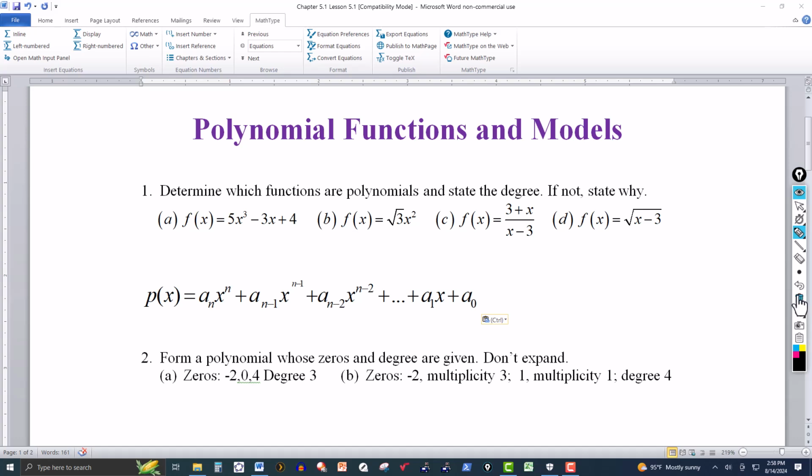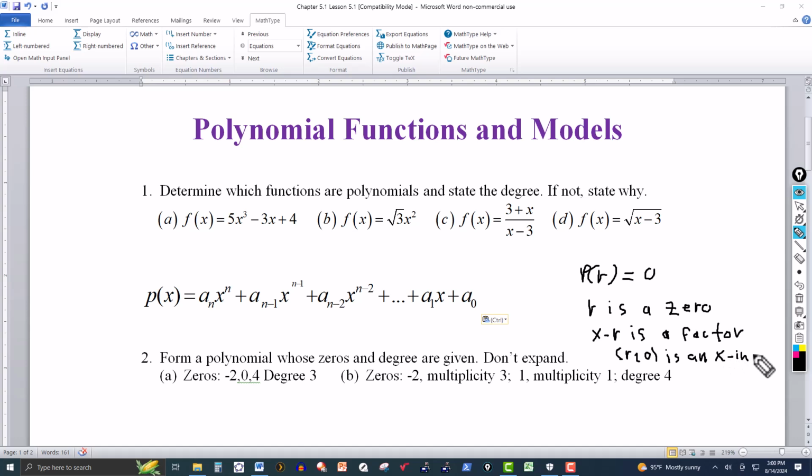Also, another thing to keep in mind here, if you have a polynomial and you evaluate the polynomial at some number r and you get 0, then we say that r is a 0 of that polynomial. We can also say that x minus r is a factor of that polynomial, and we can also say that r comma 0, or the point r,0, is an x-intercept.